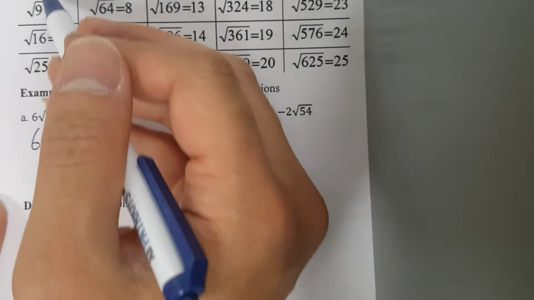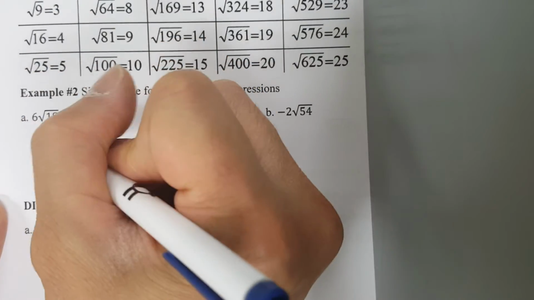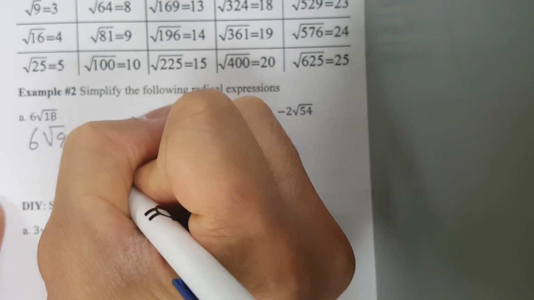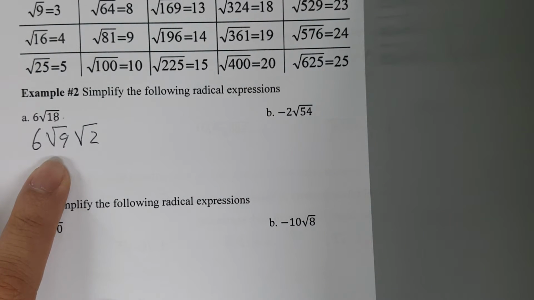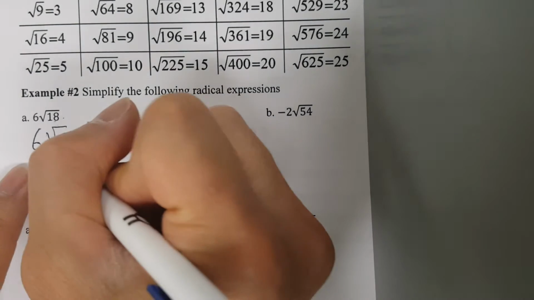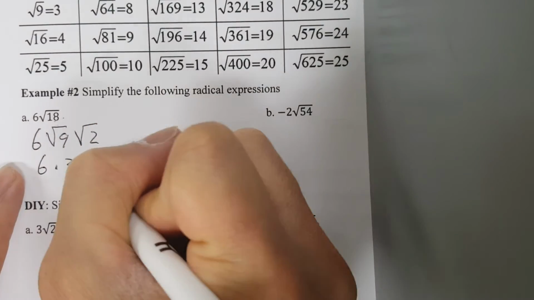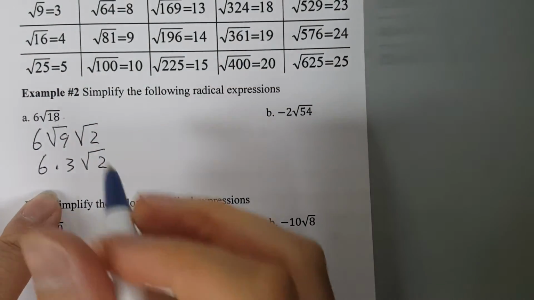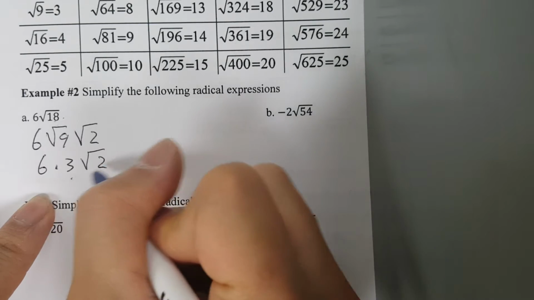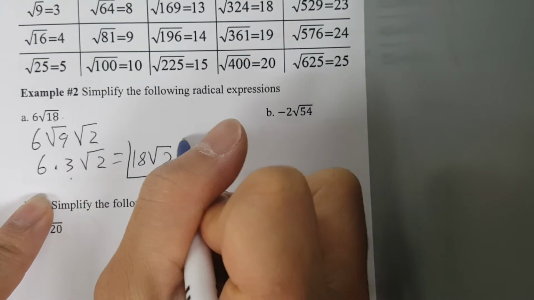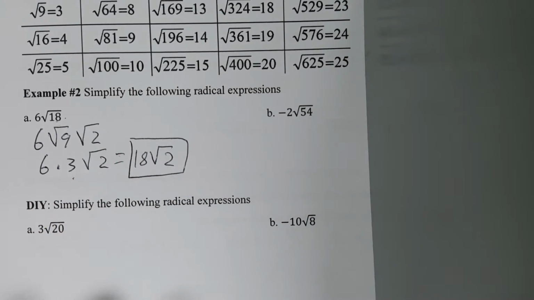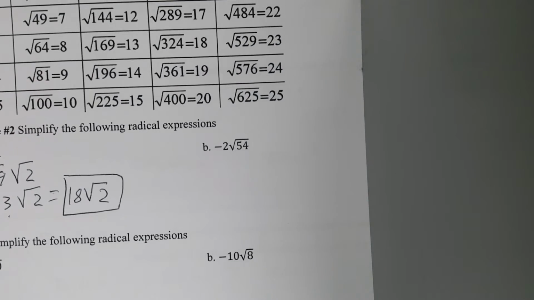The largest number that can go into 18 is 9, so this breaks into radical 9, radical 2. Radical 9 is 3, so this turns into 6 times 3 radical 2, and so my answer here is 18 radical 2.